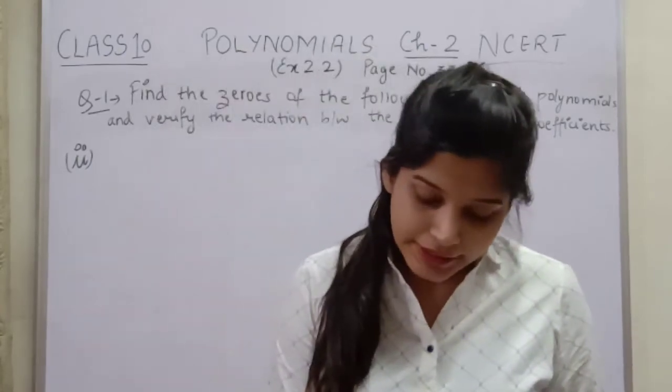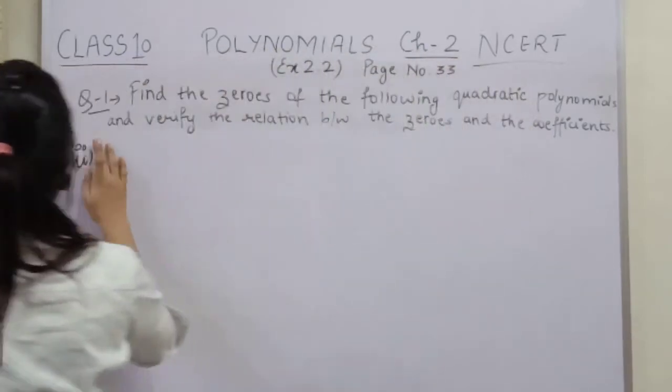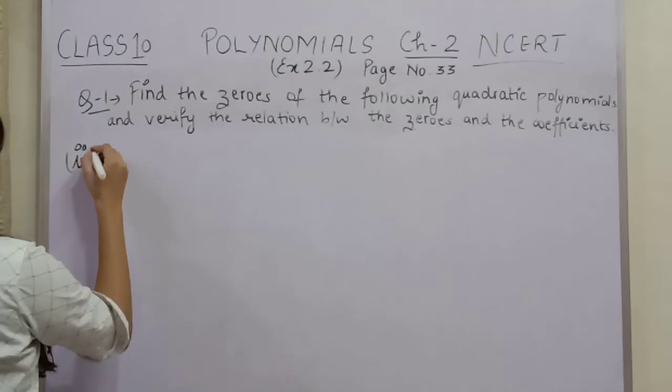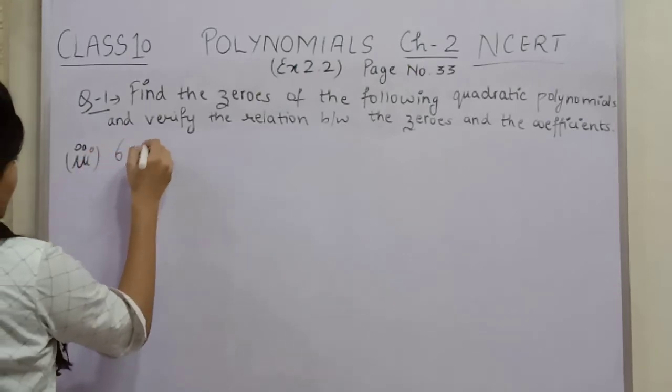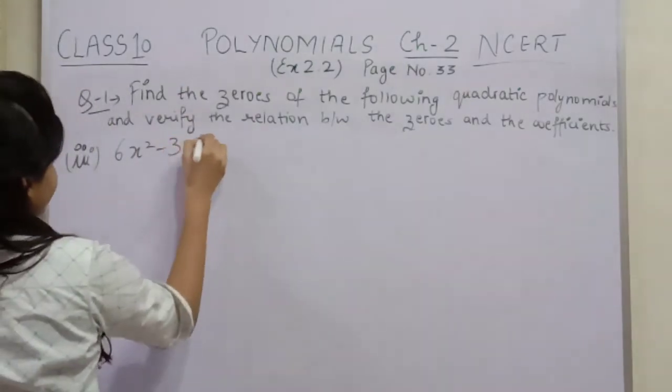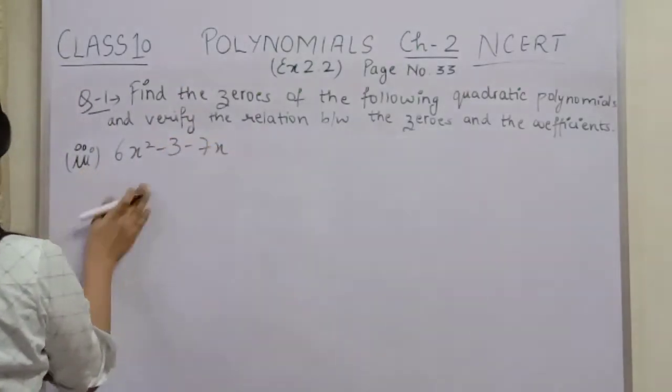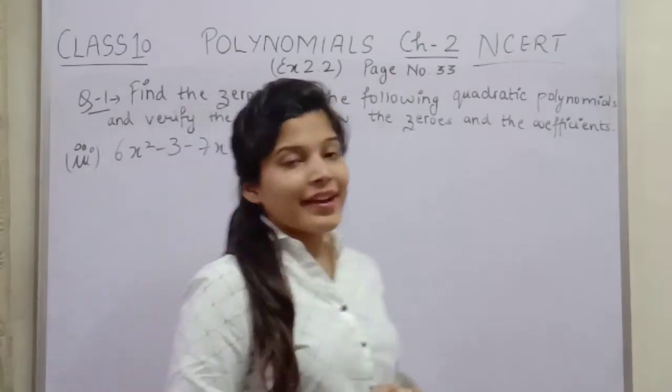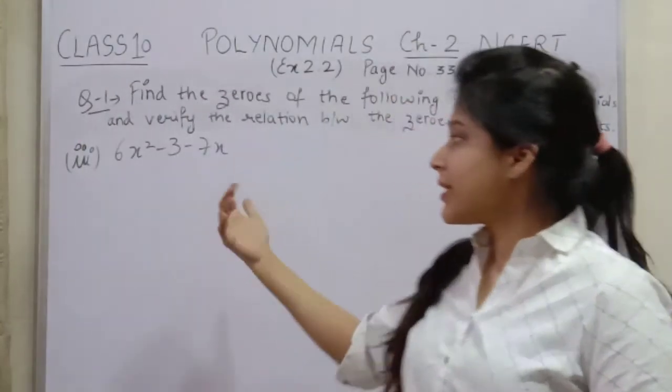So the third part is 6x square minus 3 minus 7x. See, now we have 6x square minus 3 minus 7x.